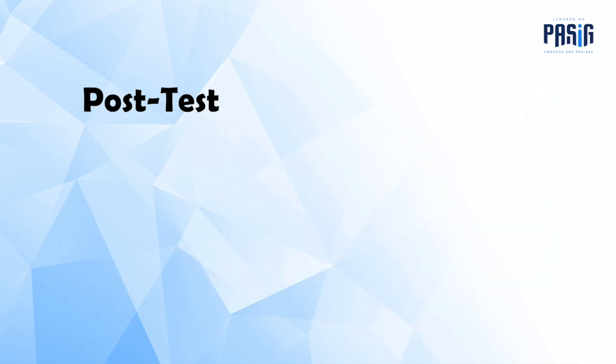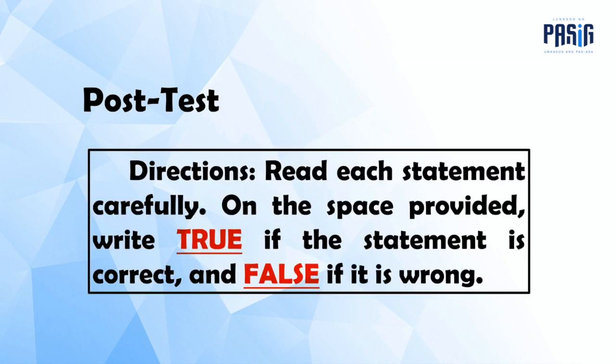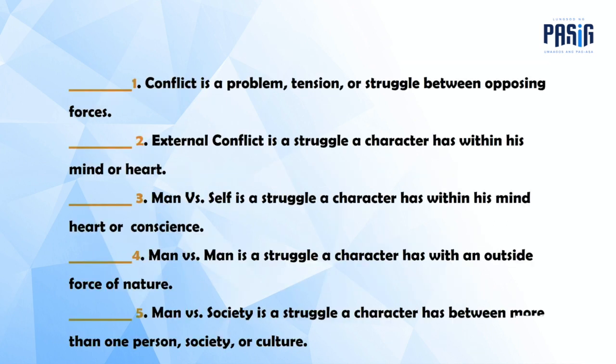Let us now measure how much you have learned from today's lesson by answering this activity. Read each statement carefully. On the space provided, write true if the statement is correct and false if it is wrong. Number 1. Conflict is a problem, tension, or struggle between opposing forces. Number 2. External conflict is a struggle a character has within his mind or heart.